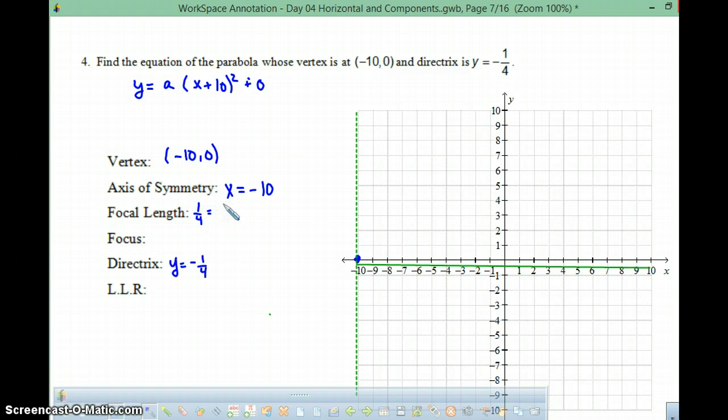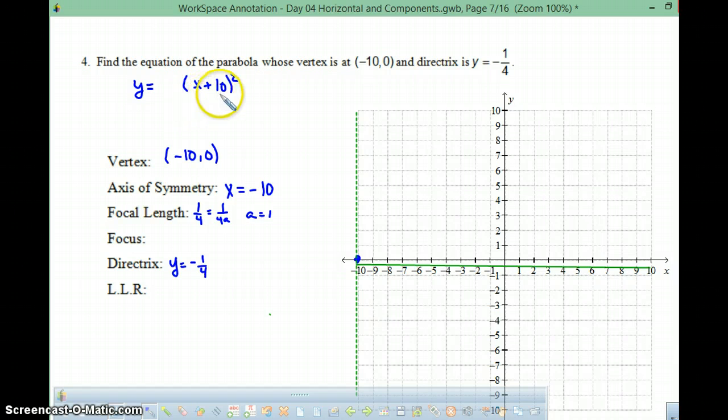And we know that the focal length is 1/4a. So can you see that a has to equal 1? So we can just get rid of this. We could put a 1 here, but we don't really have to. We'll leave it as an invisible 1. Same with this. We don't have to put a 0 in here. We could just leave it as an invisible 0.